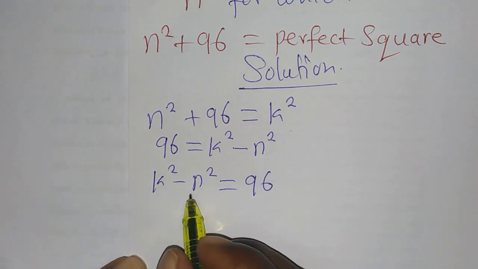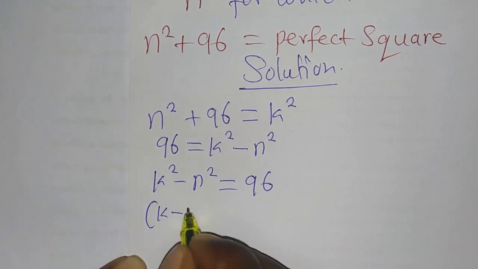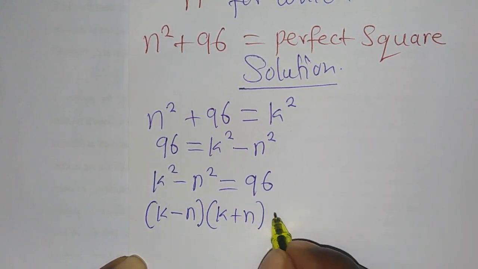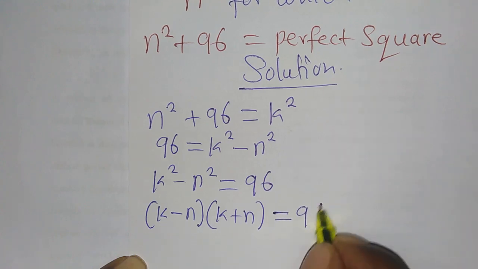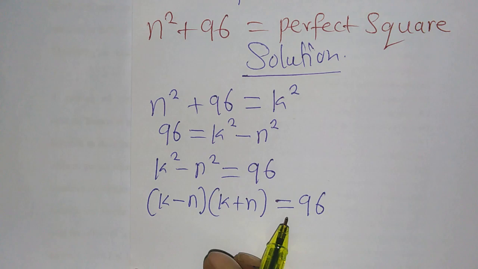Now, looking at the left hand side, we have difference of two squares. Therefore, we can write it as k minus n into k plus n equal to 96. But in the question, our n is a positive integer.